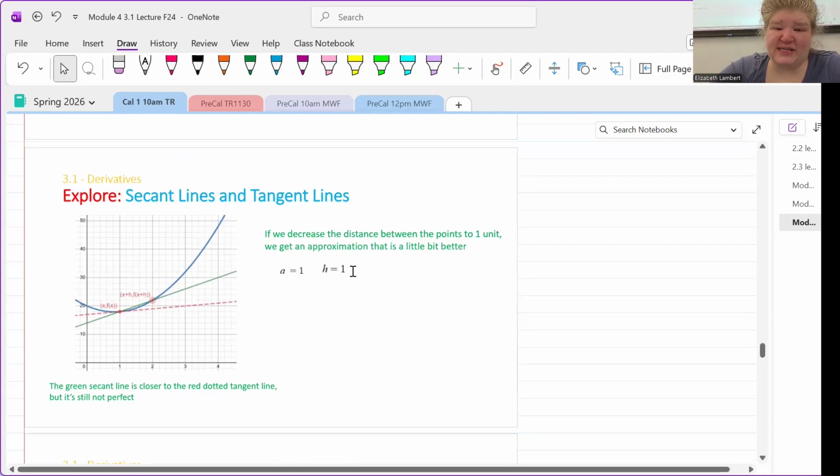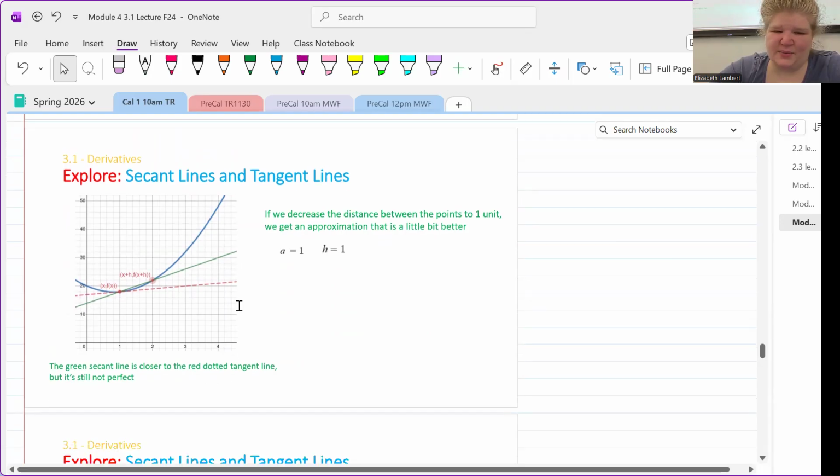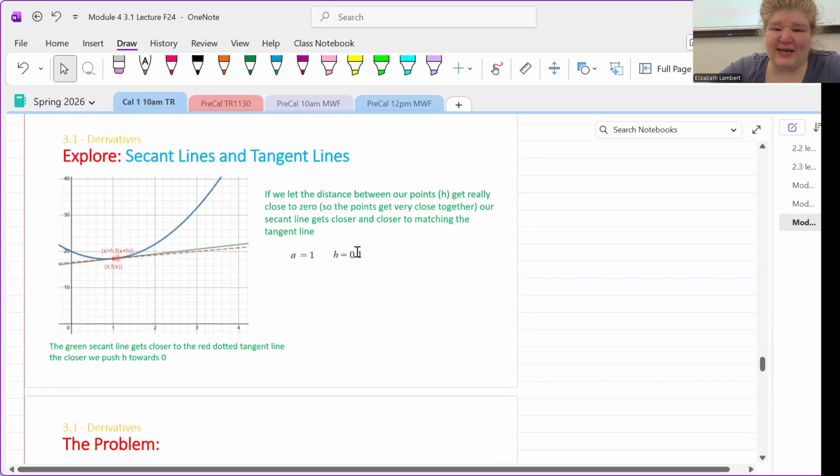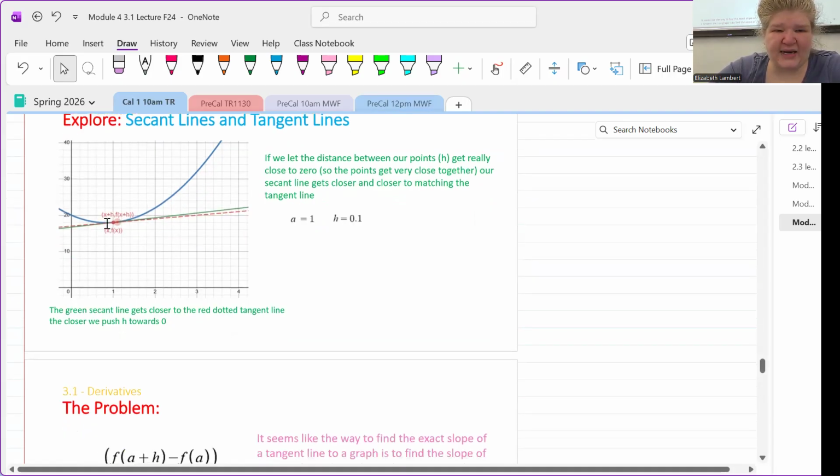If we shrink the distance down, now the green line is getting closer to that red line, but still not perfect. And if we get it even closer, that H equals 0.1 that we were observing, that was as close as we could get with the way Desmos was zoomed. Technically, we could even type in smaller H values and get even closer approximations.